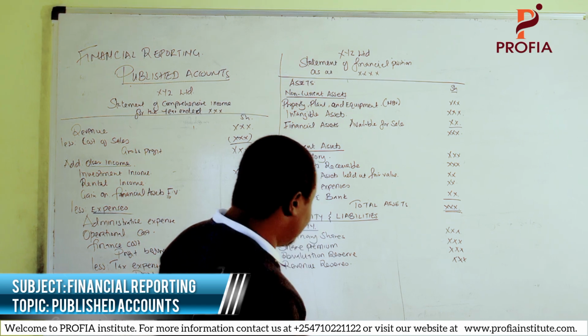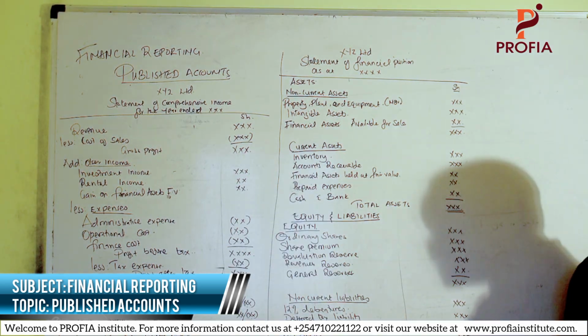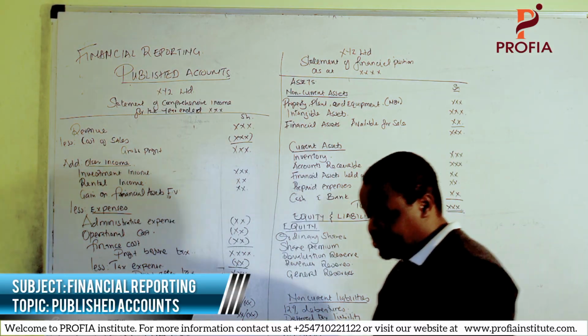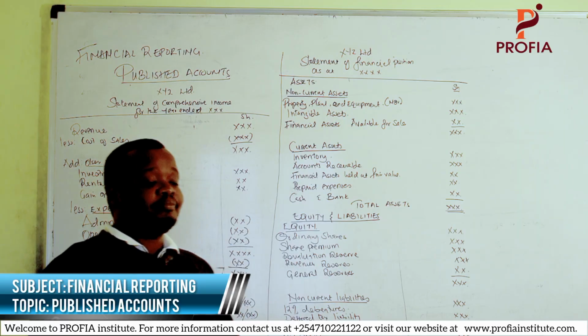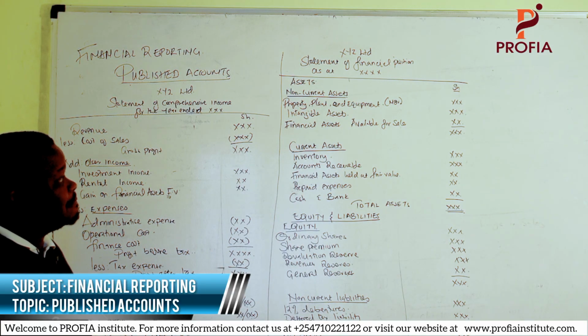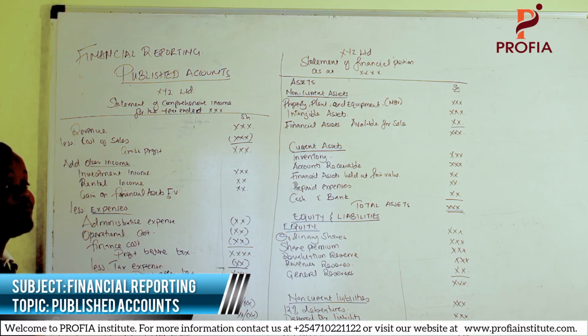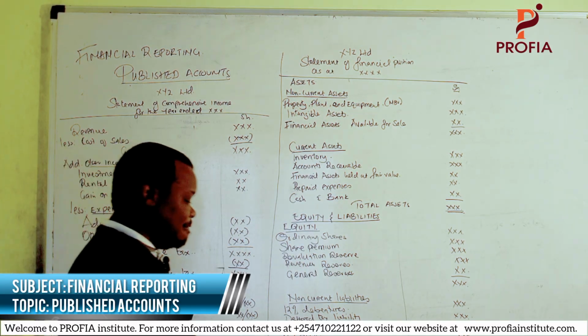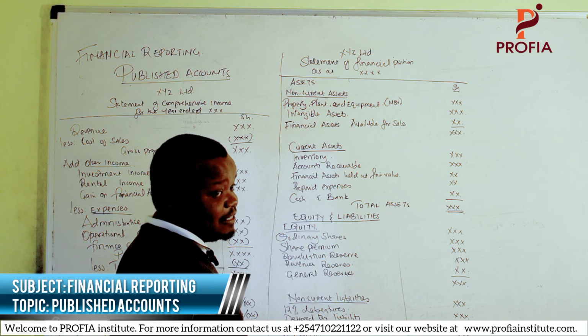And then general reserves. Twice. Yes. Even lease is supposed to appear twice. Even lease is supposed to appear twice.